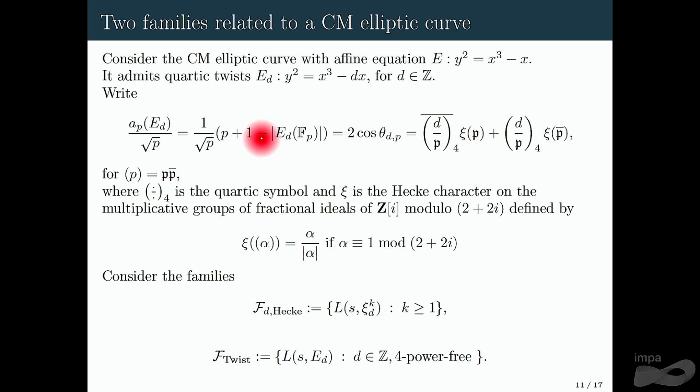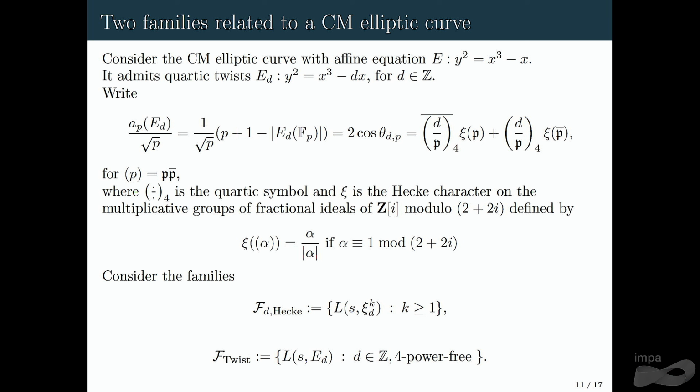The usual result is that this number of points is close to p plus 1, up to some a_p(E), a value that is about of size square root of p. So we normalize it by square root of p, and then it is smaller than 2, so we write it as 2 cosine of some angle.